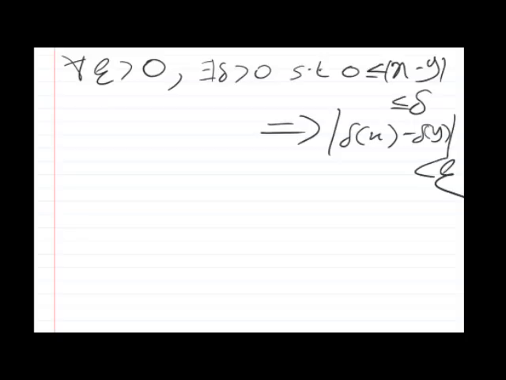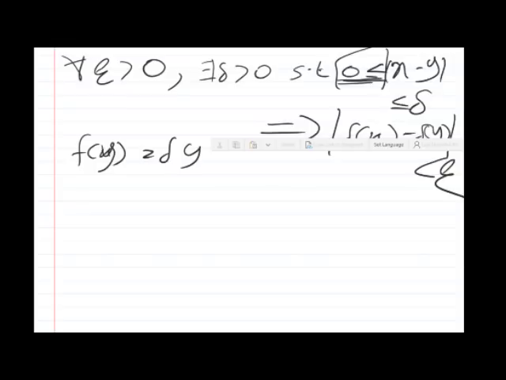It means if there is a delta like that. Actually, the part 0 ≤ is not needed, because in a continuous function, when x equals y, f(x) minus f(y) becomes f(y) minus f(y), which is 0, and the total statement stays true when x equals y.